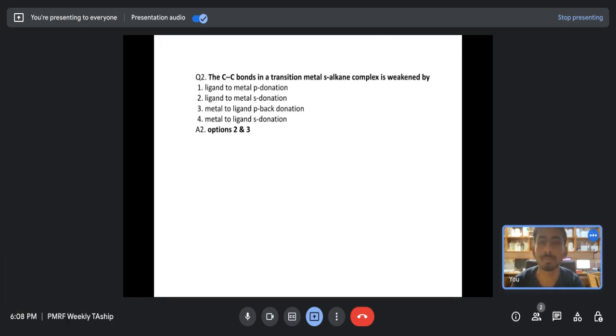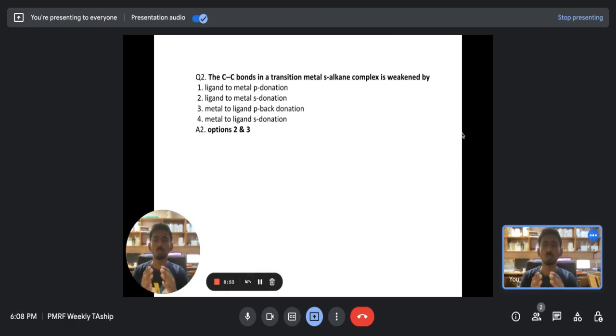Now options 2 and 3 are correct. Option 2 is the ligand to metal sigma donation. Since the question is framed as a transition metal sigma alkane complex, it is by default accepted that the sigma alkane complex will donate some of its electron density to the transition metal.